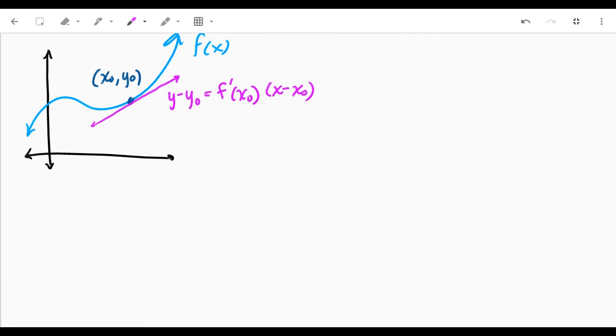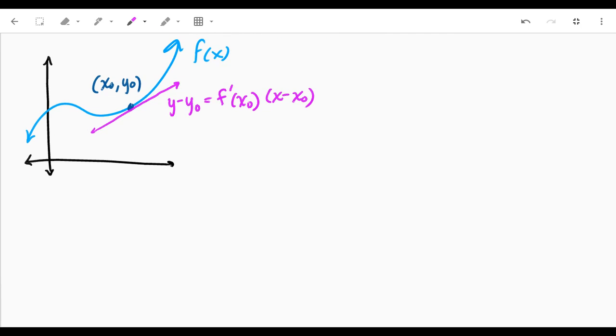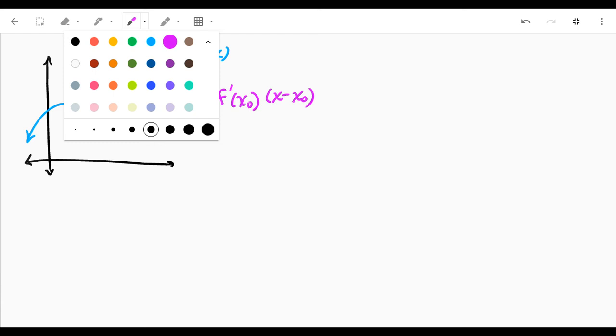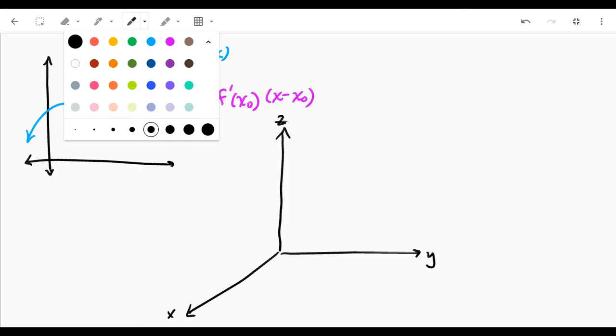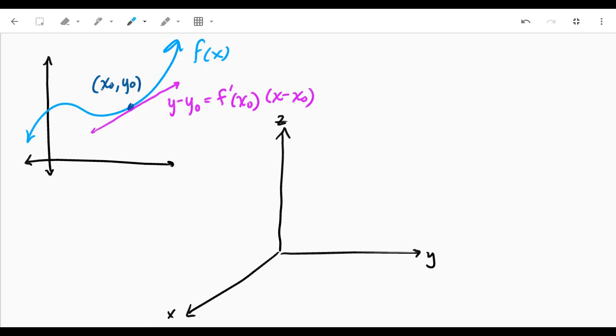Now let me try to get the 3D version. I'll try to do it on the same screen, and make it a little bit bigger. This is Z, X, and Y. Then maybe we'd have some curved surface that goes through there, so try to imagine that as my curved surface.